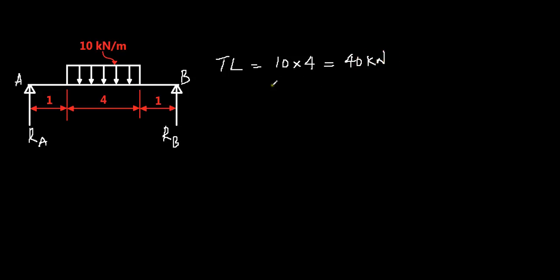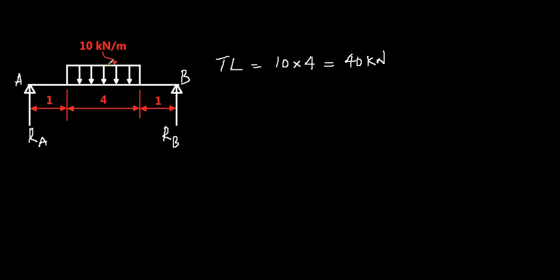And we have discussed in previous videos that for the purpose of calculating the reactions at A and B, the effective load of this UDL can be assumed as acting as a point load at the mid-span of this length.